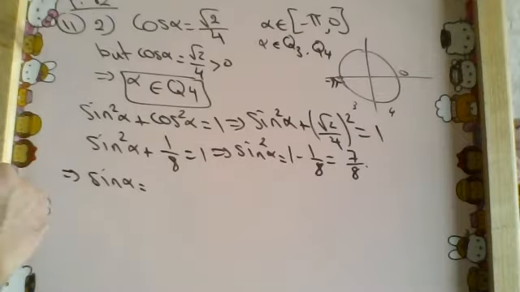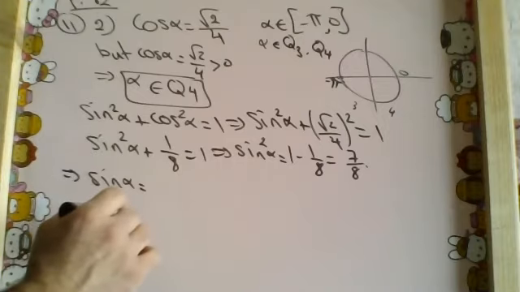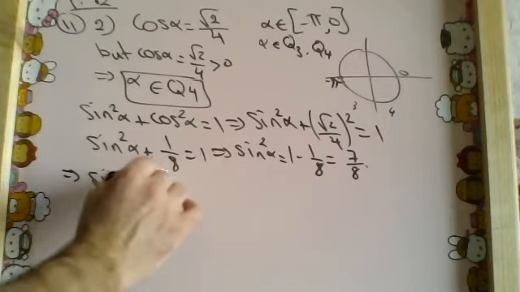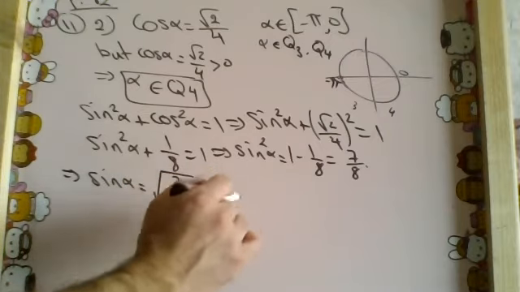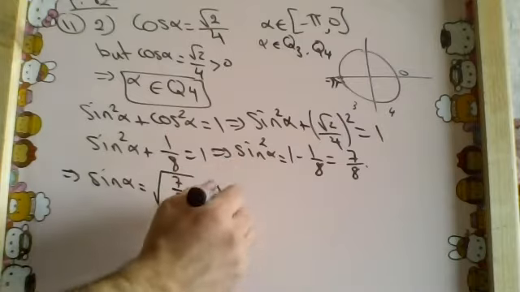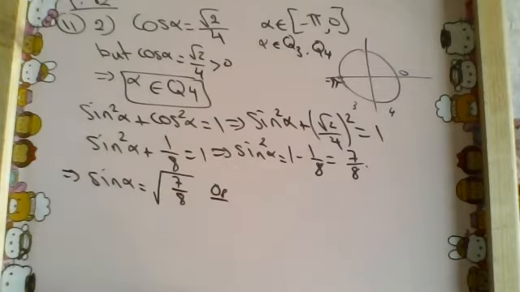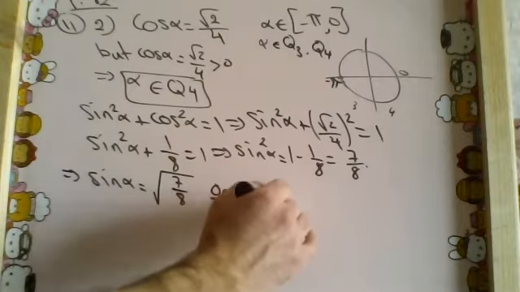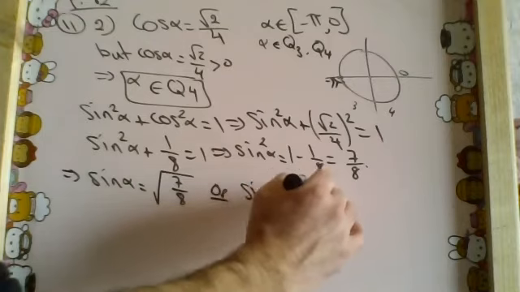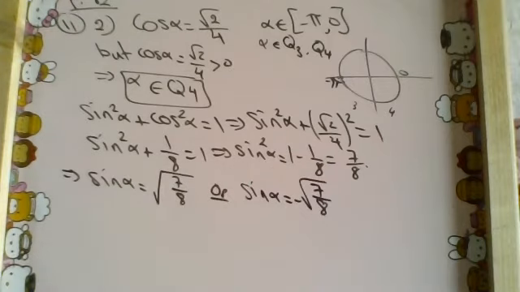To remove the power, you apply the radical. So sine alpha equals radical 7 over 8, or radical 14 over 4, or sine alpha equals negative radical 14 over 4, or negative radical 7 over 8.